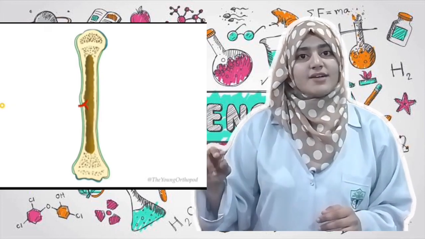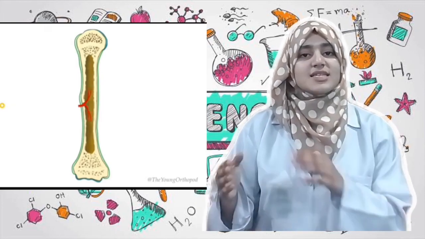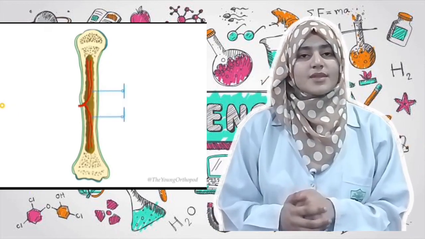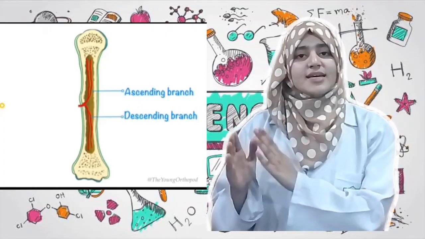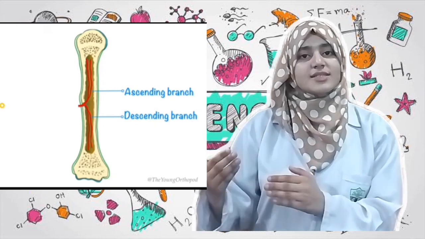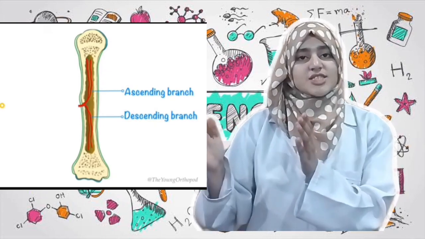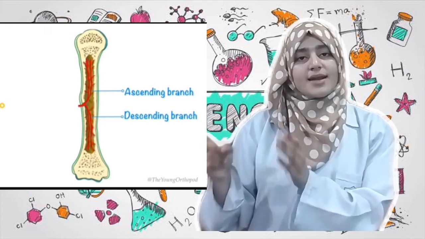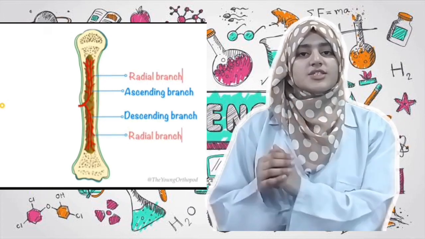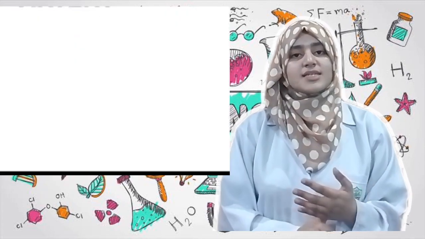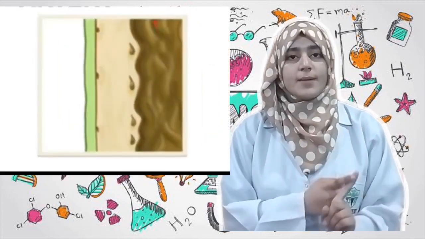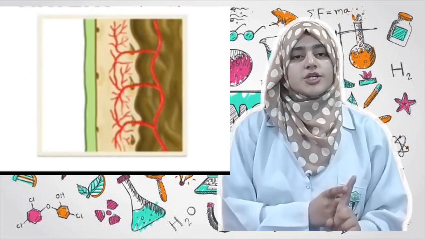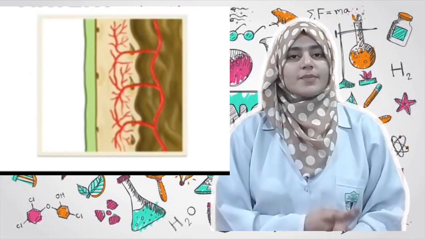In the medullary cavity, the nutrient arteries divide into ascending and descending branches. The ascending and descending branches further divide into smaller lateral and parallel oriented radial branches. The radial branches supply blood to the bone marrow and the inner three parts of the compact bone tissue of the diaphysis.